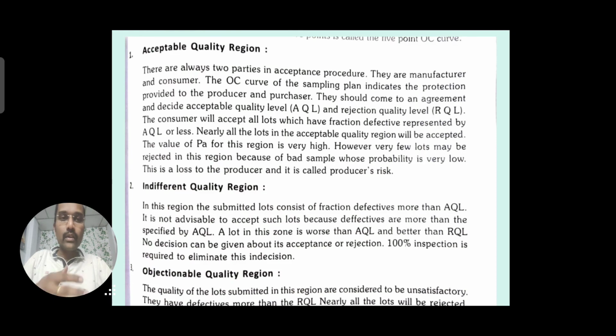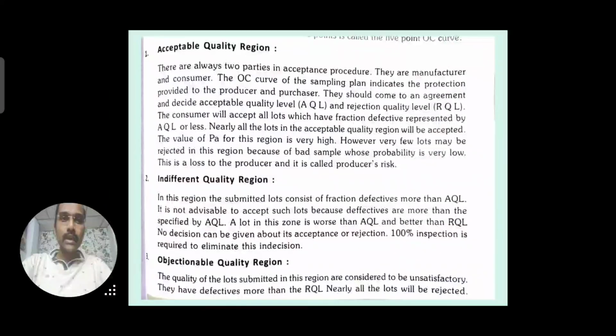What we have discussed, the rejectionable quality level, is the worst case where all the lots get rejected. So unsatisfactory quality products fall in this LTPD region. The other name for RQL is LTPD. So go through that and you will get some idea.